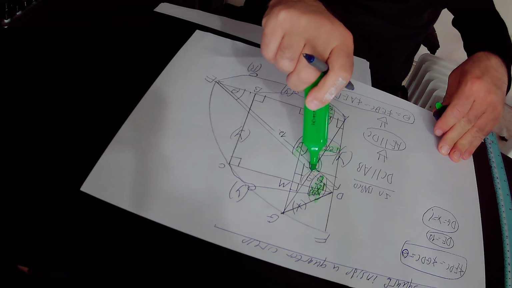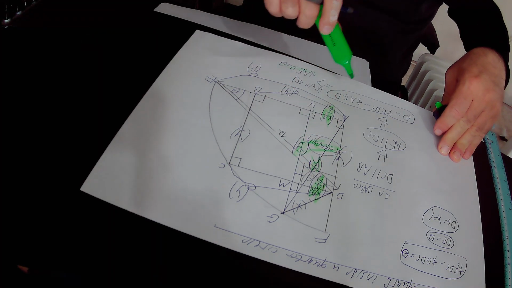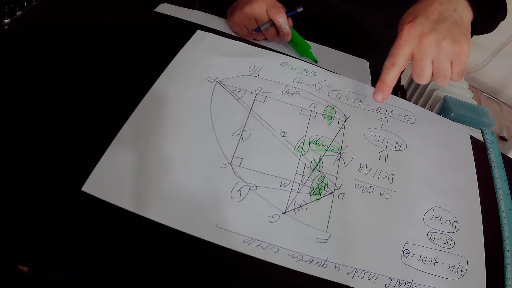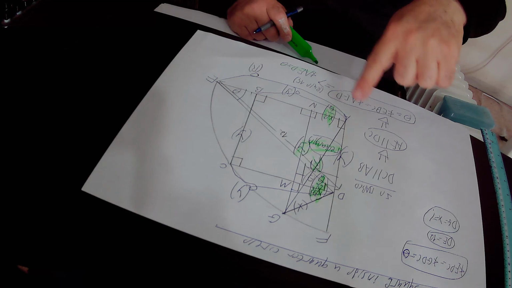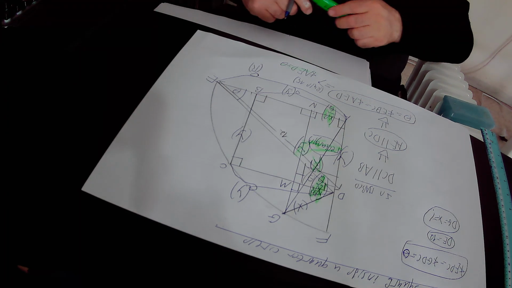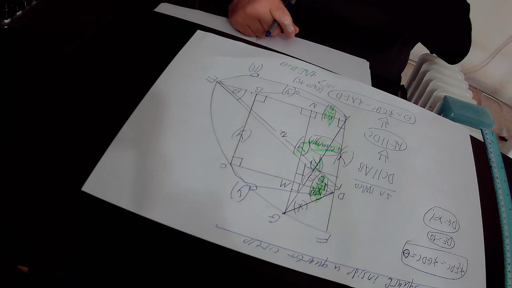Actually, by joining points A and G together, we created a right triangle, triangle AGN. So I copy this right triangle AGN in a new page, and we will implement the Pythagoras theorem on it.